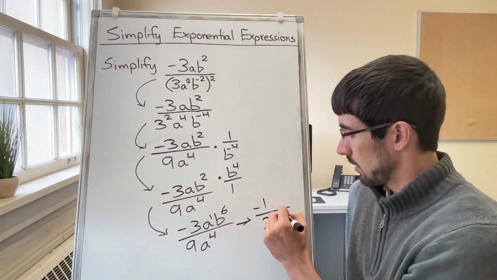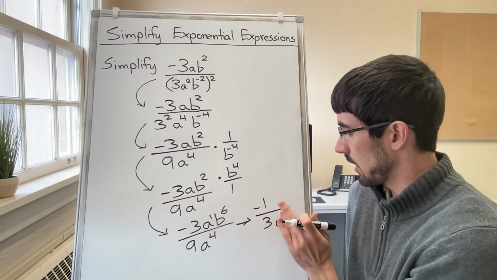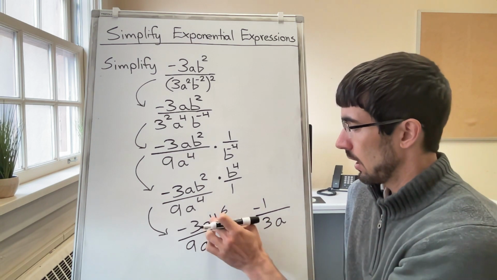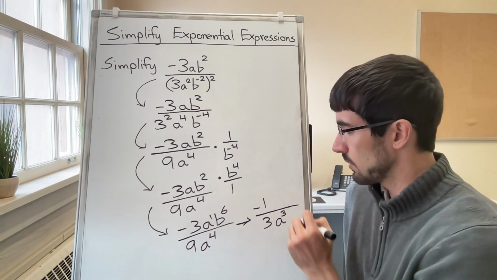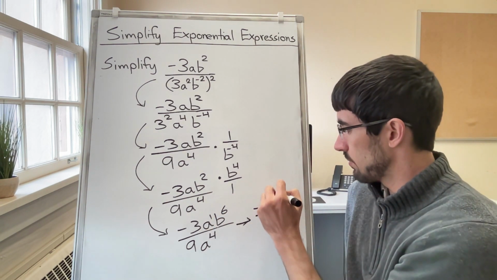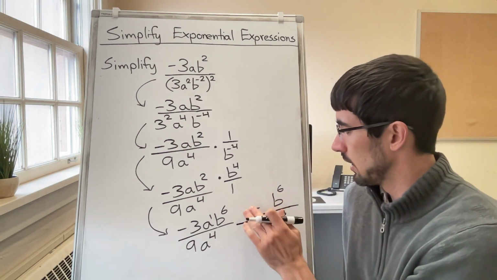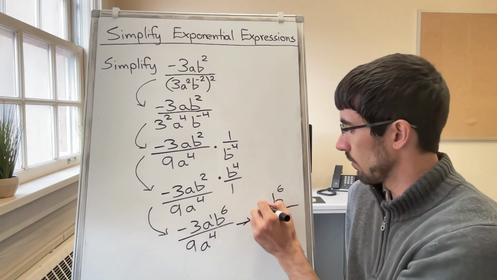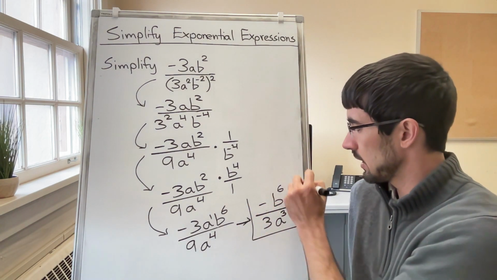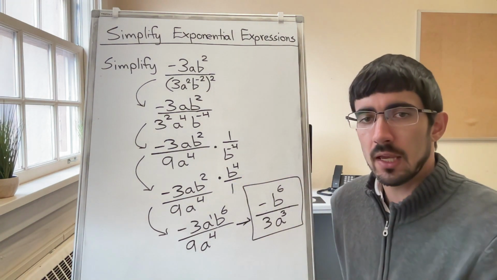Then I'm subtracting in this order, so I have a to the 4th and a to the 1st, that gives me a cubed. And finally, I have this b to the 6th in the numerator. So my final result in simplified form is negative b to the 6th over 3a cubed.